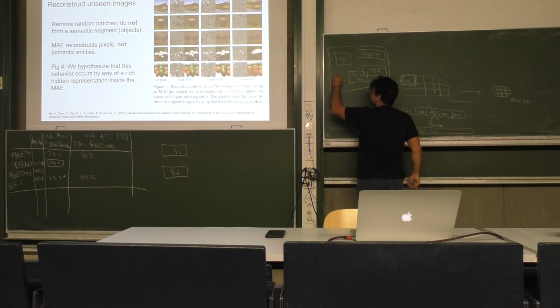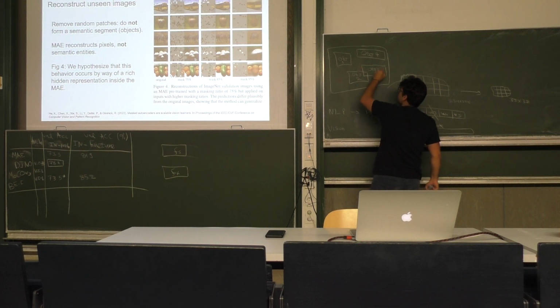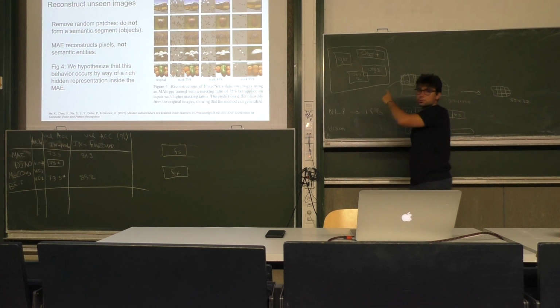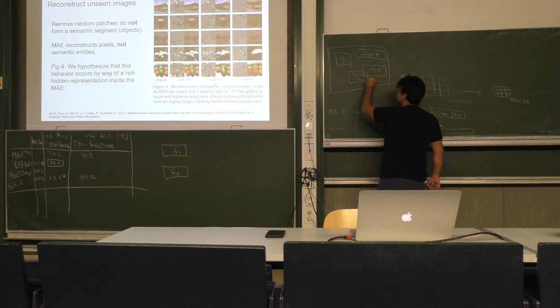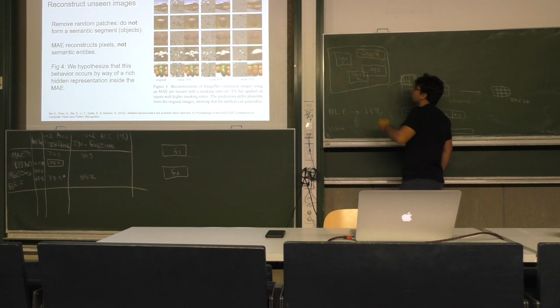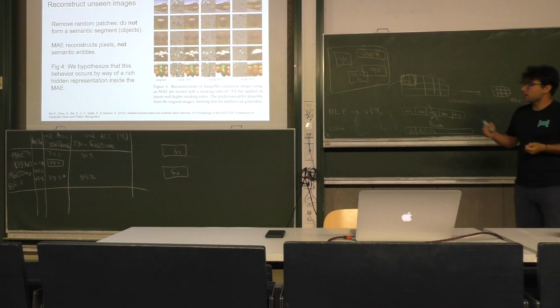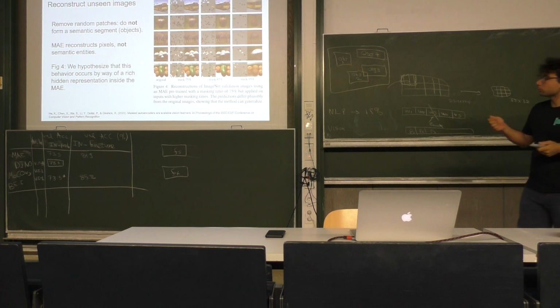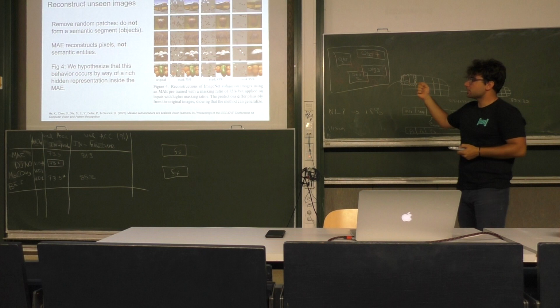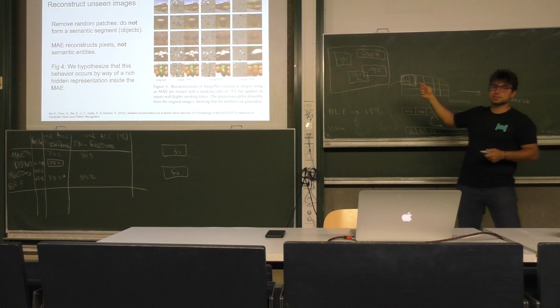So when we just randomly mask part of the information, the red ones correspond to the random patches that we want to mask. There is no indication, as they write, that the removal of these random patches corresponds to a semantic segment.